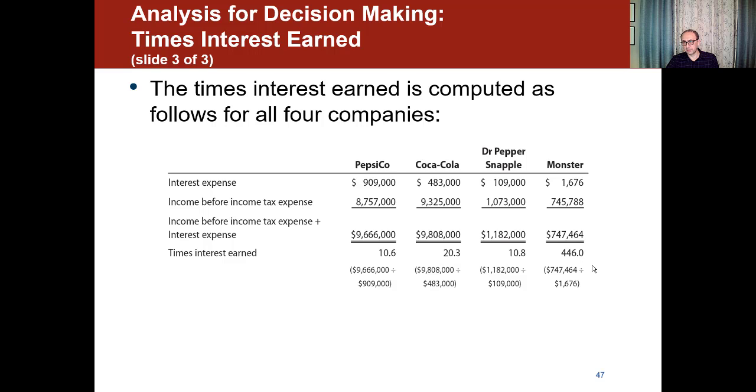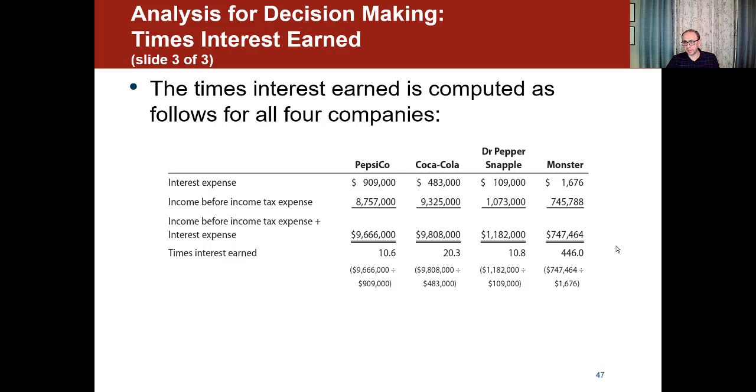So of course you can tell that for Monster this is the best because they have a very high times interest earned ratio. If I'm a lender, I would feel very safe about Monster. What comes next is Coca-Cola, and again I would feel very comfortable about Coca-Cola because they have about 20 times the ability to pay their interest expense.